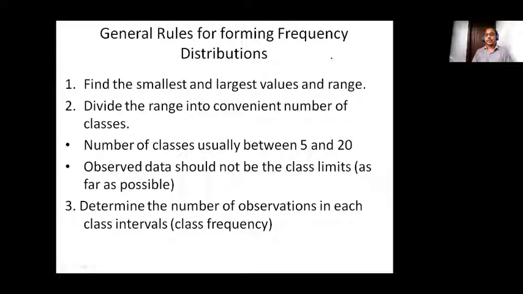Then divide the range into a convenient number of classes, keeping in mind that the number of classes is normally between 5 and 20. And as far as possible, the observed data should not be class limits. The third step is to determine the number of observations in each class interval, or class frequency, using tally marks.